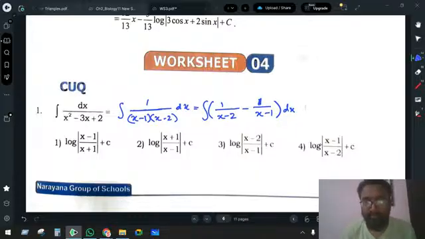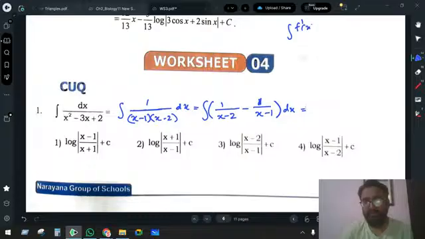So now integration will be separated for each term. So what is x minus 2 derivative? 1. 1 is in the numerator. So the denominator function's derivative is the numerator, so what is the answer? If the denominator's derivative is in the numerator, then what is the answer of the integration?